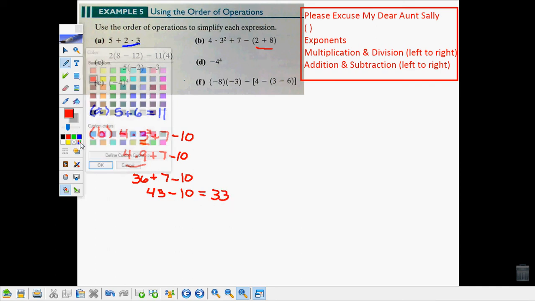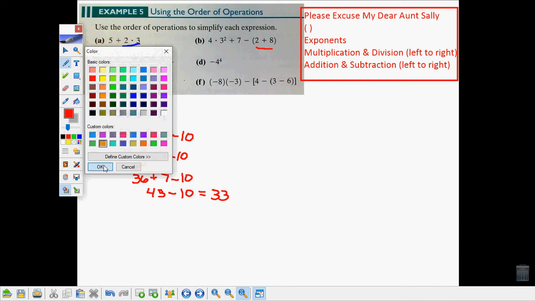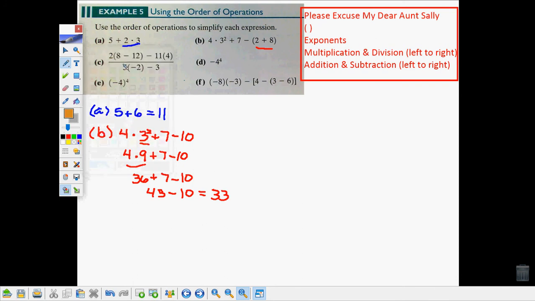Now let's look at part C. So part C is quite a bit. We have division here, so we know we're going to end up with a division problem. But first we want to look for parentheses. So what we're going to solve first is this. 8 minus 12 is negative 4, so let's do that.